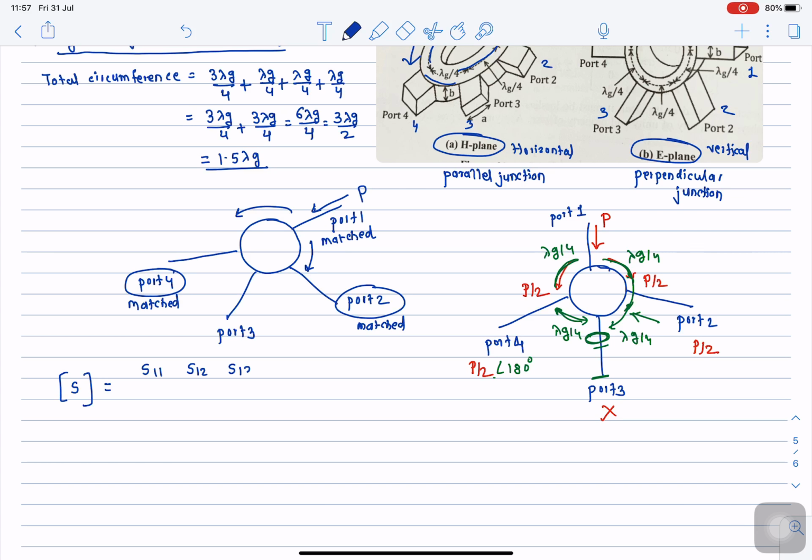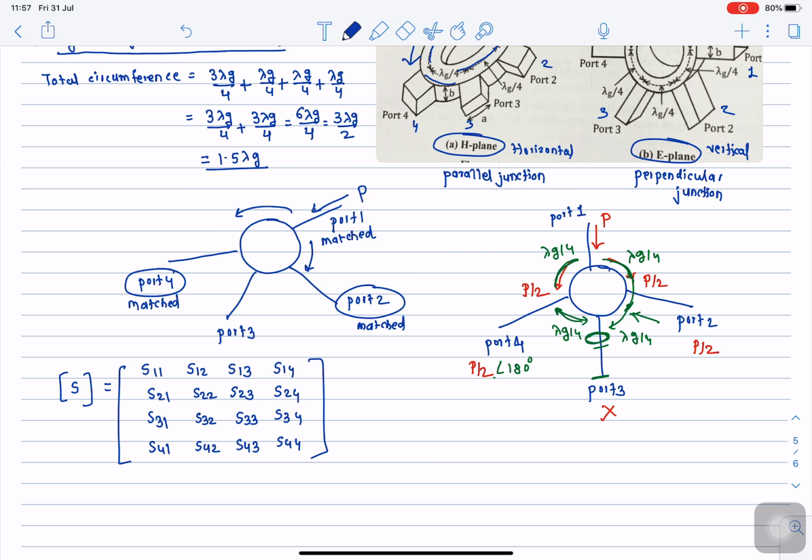Similarly S21, S22, S23 and S24, S31, S32, S33, S34 and S41, S42, S43 and S44, right? So this is the general matrix.